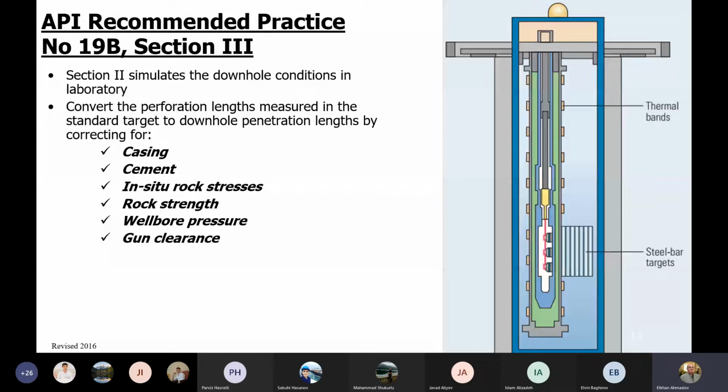So as a result of this test, we get penetration depths into the steel target of a shaped charge. So how much, due to the elevated temperature, how the shaped charge will penetrate through the steel target, and casing hole diameter from each shaped charge, and the hole roundness.